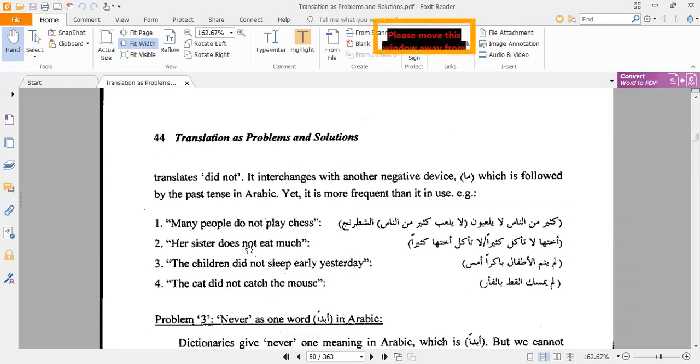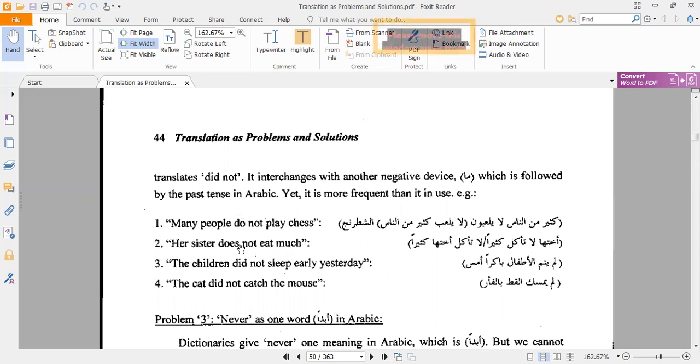So, many people don't play chess. أنا عندي don't وبالتالي هستخدم لا. وبالتالي بقول العديد من الناس أو الكثير من الناس لا يلعبون الشطرنج أو لا يلعب الكثير من الناس الشطرنج.